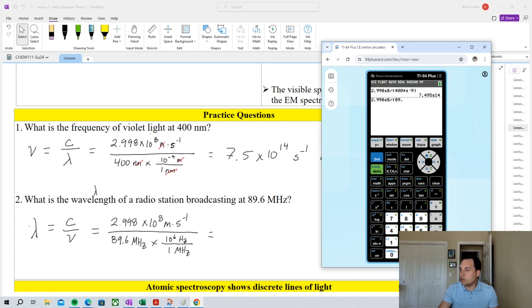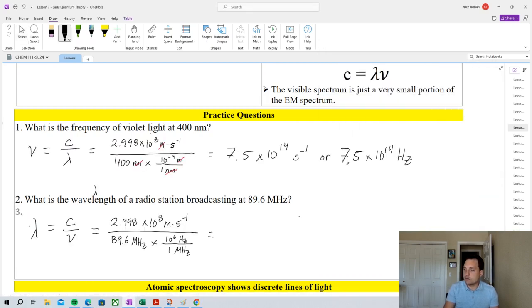So let's do 89.6 times 10 to the 6th. That would be times e to the 6th. We find that the wavelength is 3.35 e to the 0, which is just the first power. So I can show you that it's just 3.35 meters.